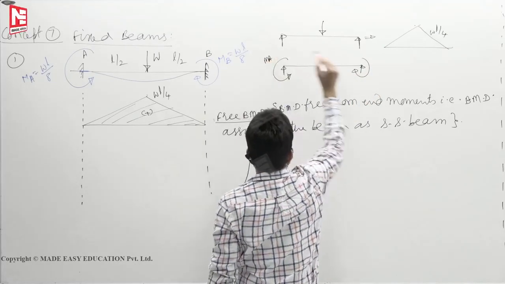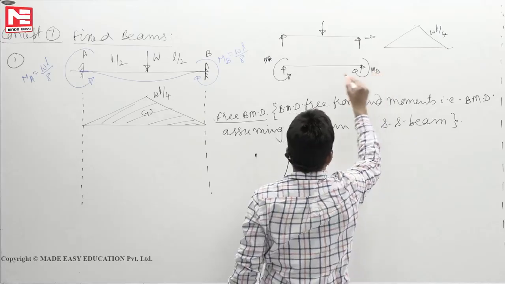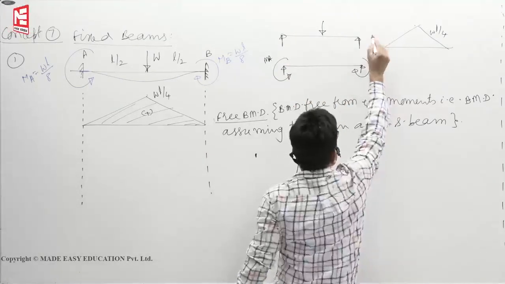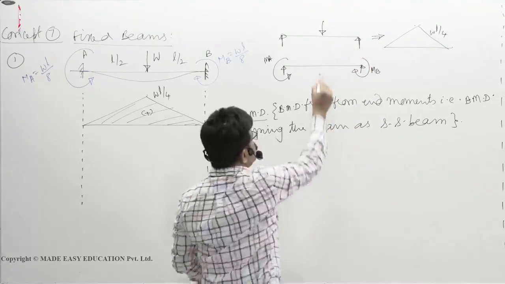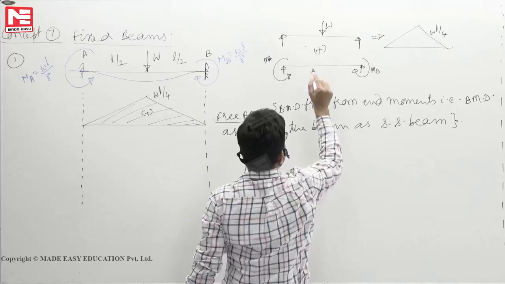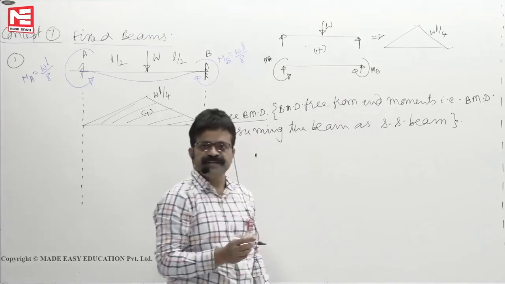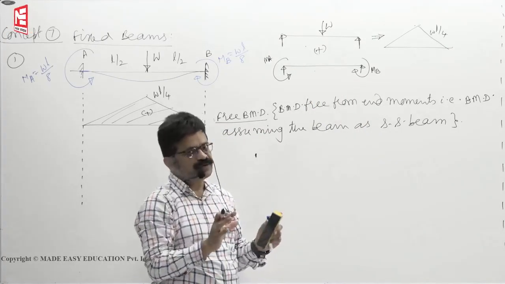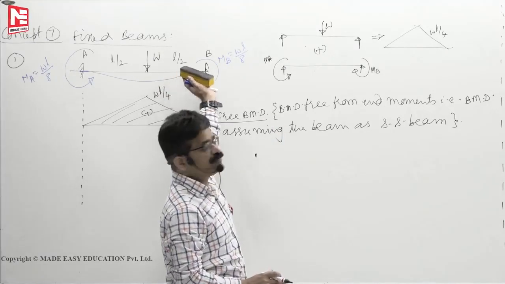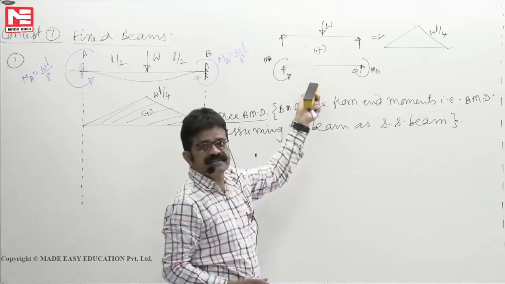Here it is MA, here it is MB. Okay. Now if these two loadings, simply supported with point load W, and simply supported subjected to end moments, if you superimpose those two loadings, then you will get the fixed beam. Now this is equal to this plus this.